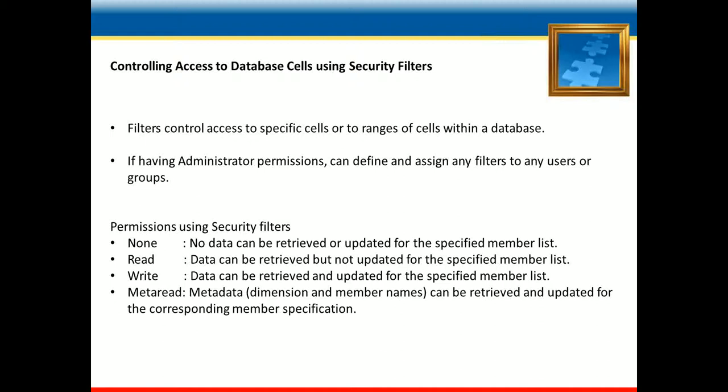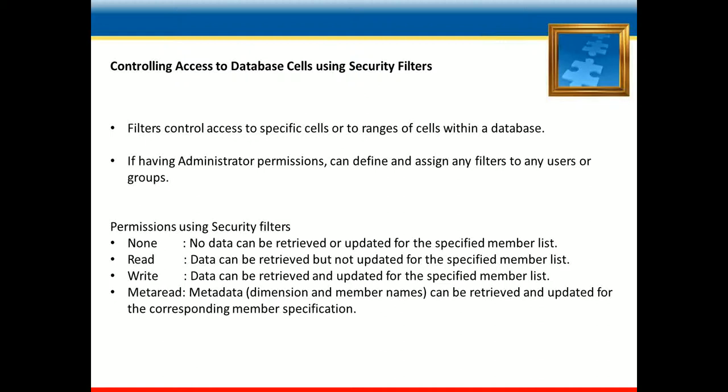So none is a restrictive access, meaning no data can be retrieved or updated for a specific member list. So we can deny a user read or write access to the data.